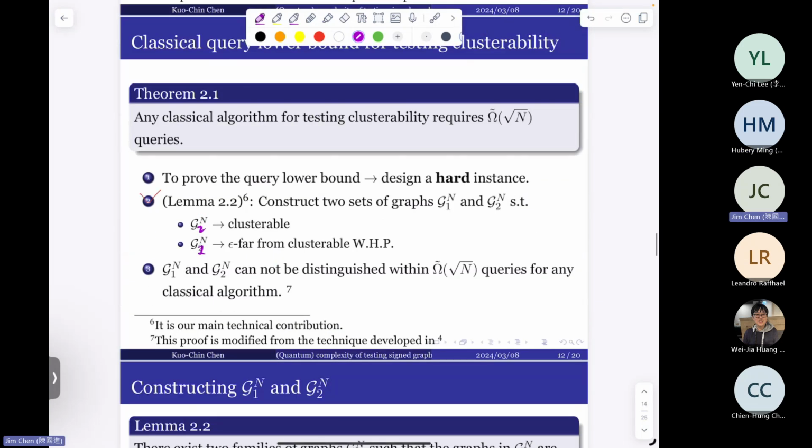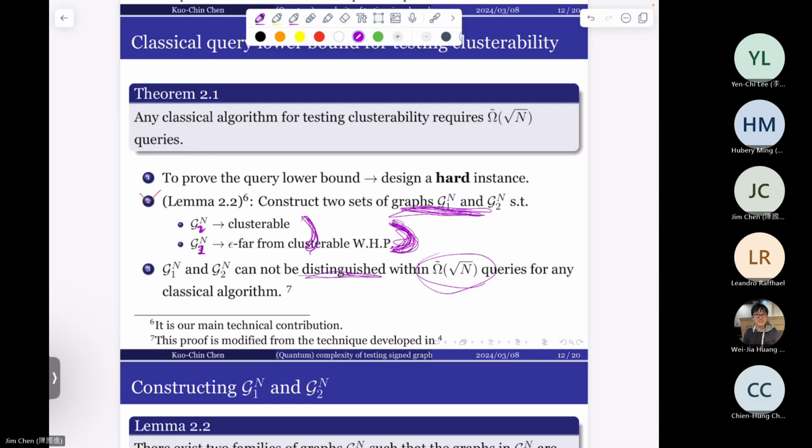We design two families of graphs which have distinct graph properties, yet they cannot be distinguished using square root of n queries. So no clusterability tester can distinguish them.